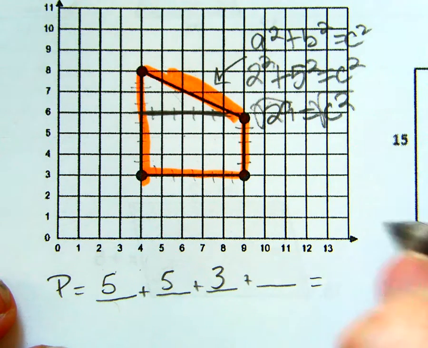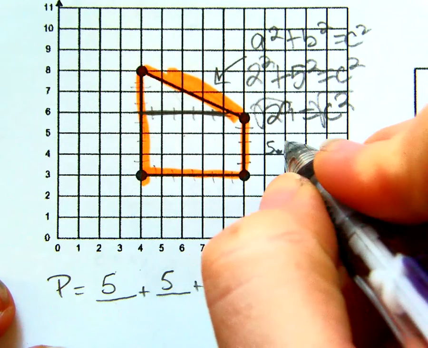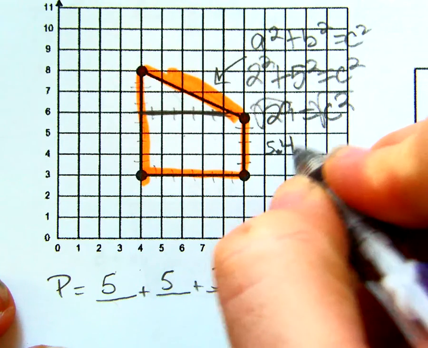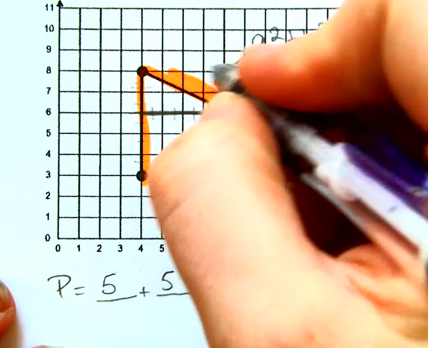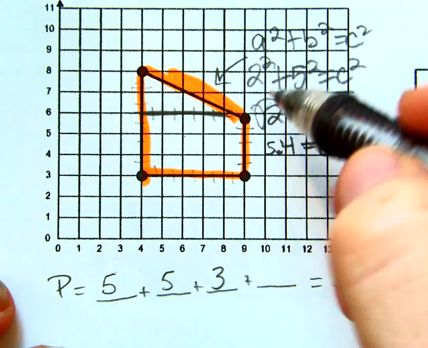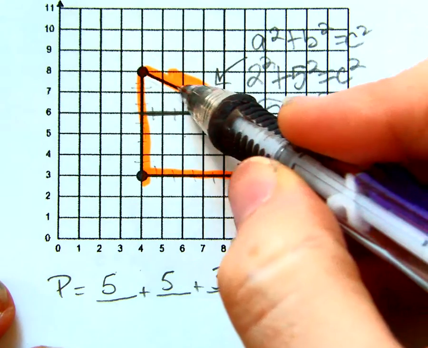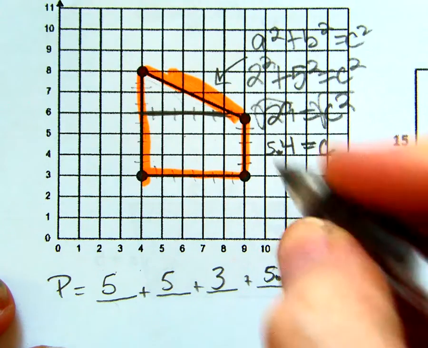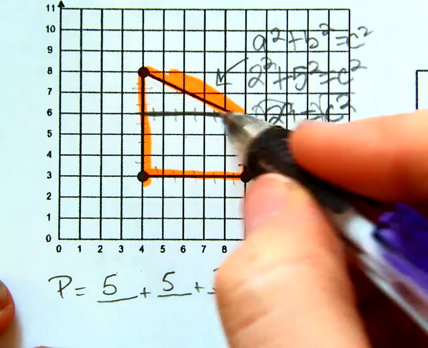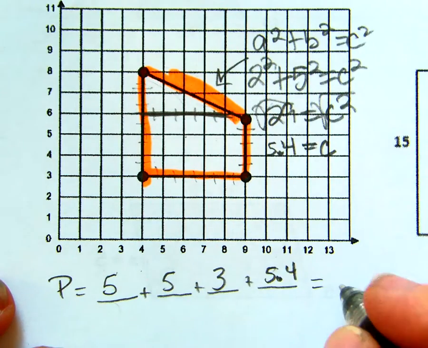And you're going to get approximately 5.4 as your C value. So that length right there that I can't count, that looks like 5 maybe, is actually 5.4. And that's why I can't count it diagonally, because I'm not guaranteed that it's actually 5.